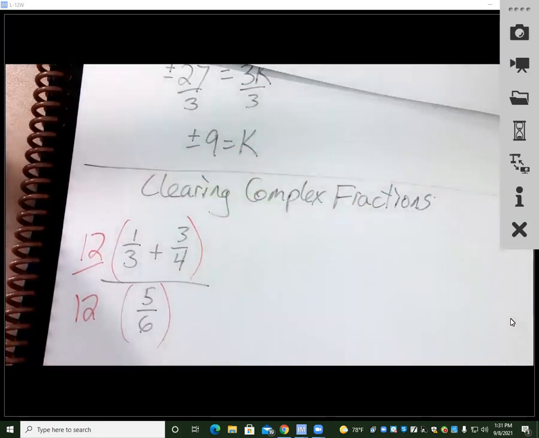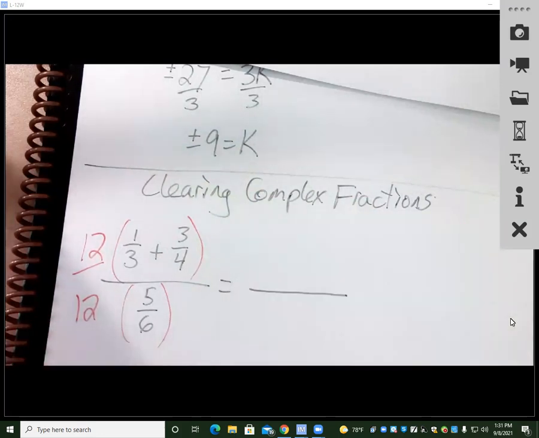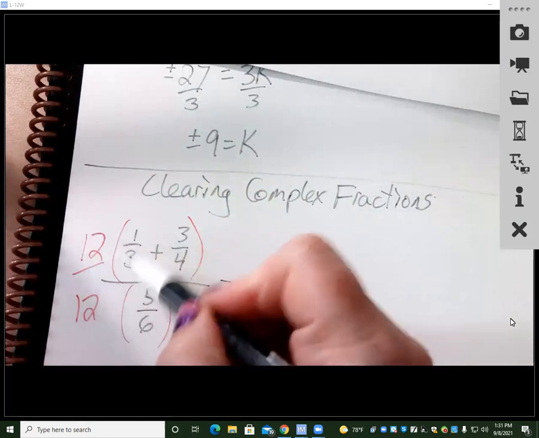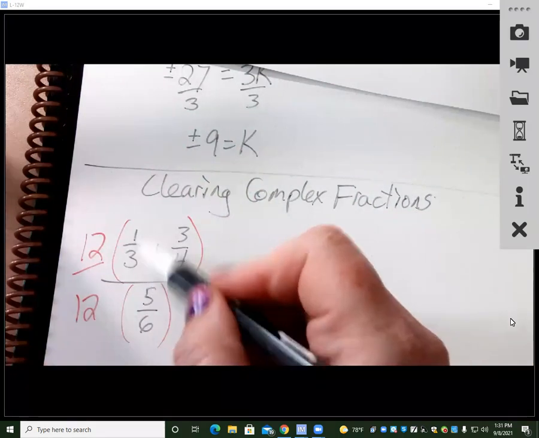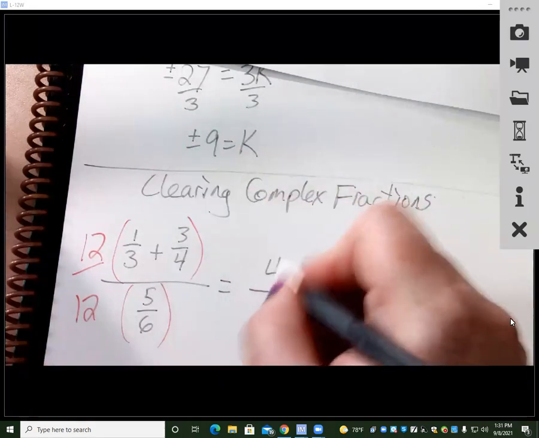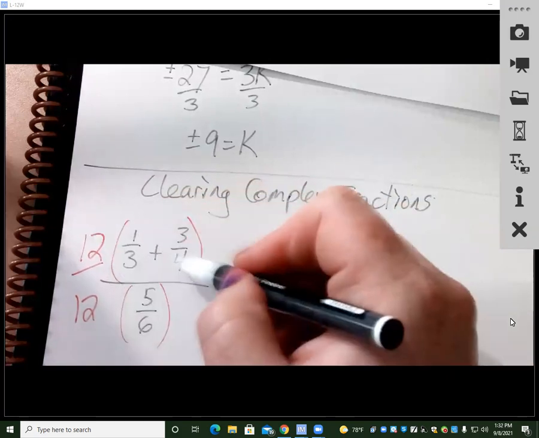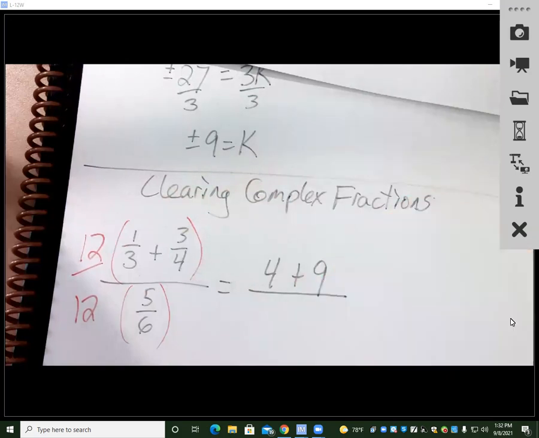Now watch the magic unfold here. Remember that when you are multiplying a whole number by a fraction, this is how I do it. You don't have to do it my way, but I think it's so much easier. Take the whole number and divide down first and then multiply by the numerator. So 12 divided by 3 is 4 times 1 is just 4. I do the same thing when I distribute over here. So I divide down. 12 divided by 4 is 3 times 3 is 9. Oh my gosh.